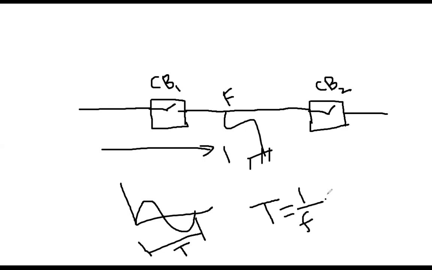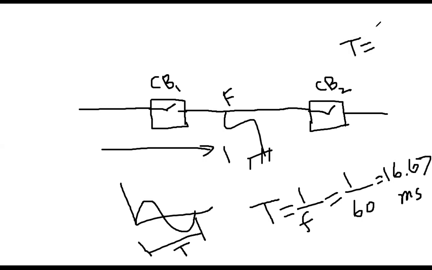If you have a calculator, for the United States it is 60 hertz, and you will get about 16.67 milliseconds. If it is a 50 hertz based system, then it is 1 over 50, and you will get 20 milliseconds. That is the duration of one power cycle.